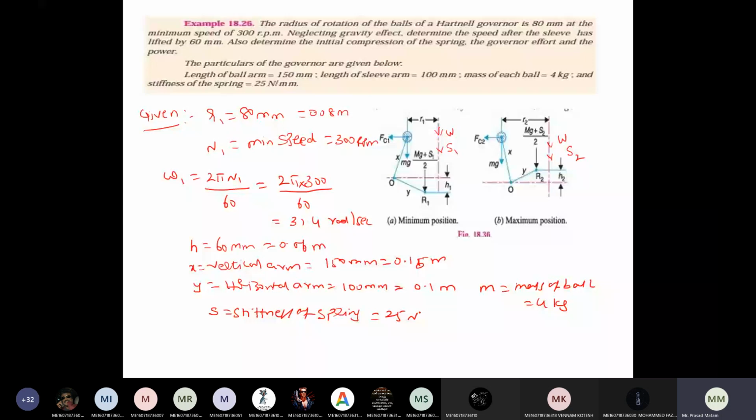Okay, this is the given data. With this data, let us find what we need to find. What are they asking? The initial compression of the spring, governor power, and effort of the governor. Let us solve one by one.